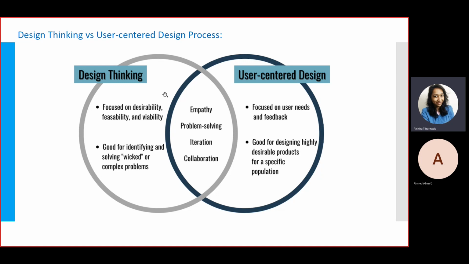So design thinking is more focused on the desirability, feasibility, and viability of a product. User-centered design is more focused on the user needs and feedback. Okay, that is the major difference between design thinking and user-centered design. User-centered design is always going to keep user needs on the top.